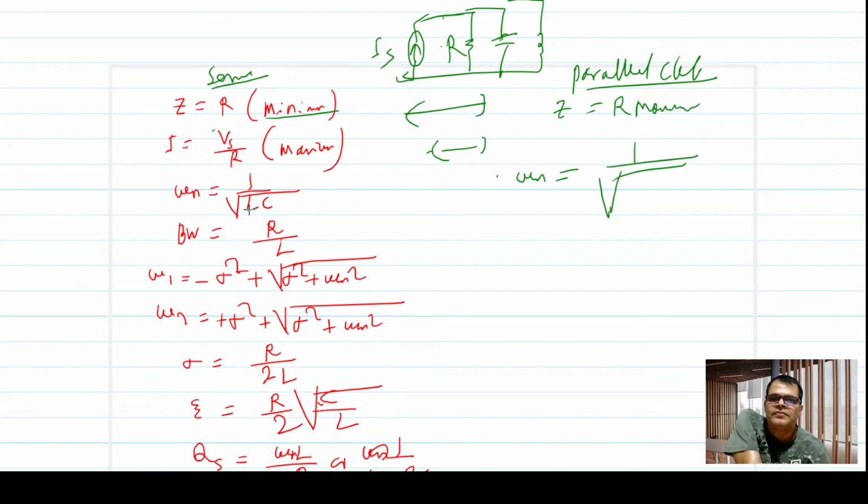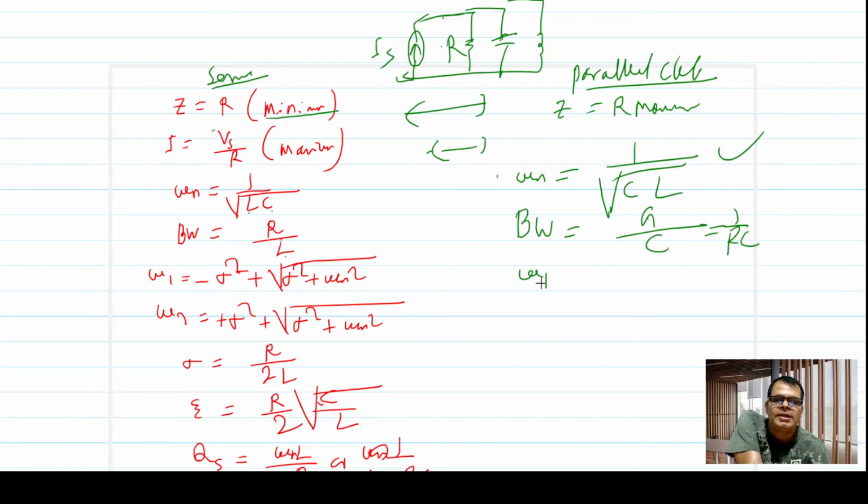The dual of L is C and the dual of C is L, so it remains the same. For the bandwidth, the dual of R is conductance and the dual of L is C, so it is 1 upon RC.